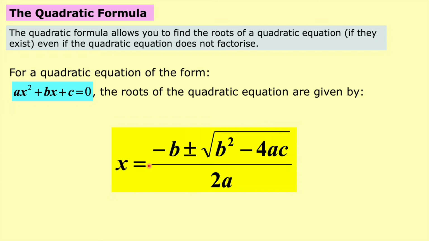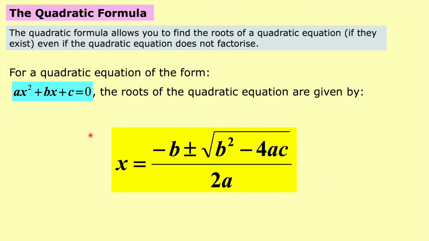Another important factor is that it is a fraction, and everything on the top line is all over 2a. Some people often have just the square root over 2a, but it's not, it's all of the top line over 2a. As I mentioned previously, you are given this in the exam on your formula sheet, so you're not expected to remember it, so don't worry about that.